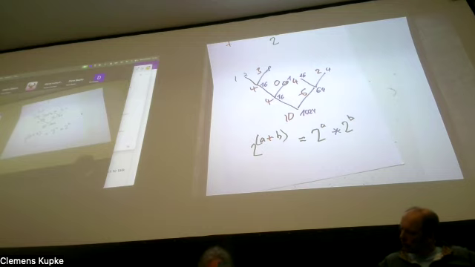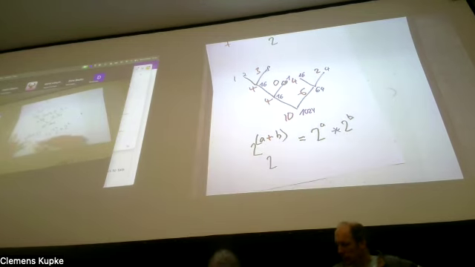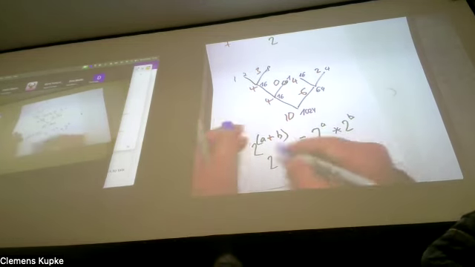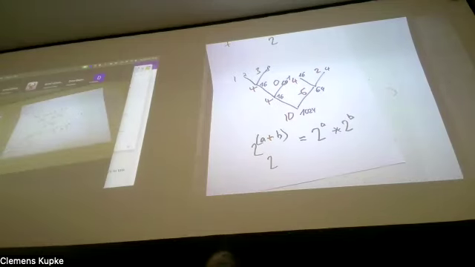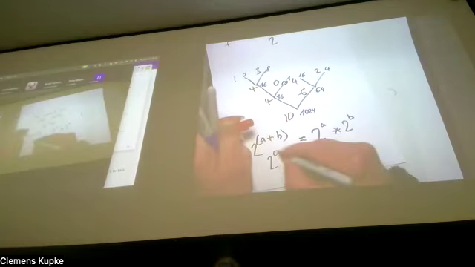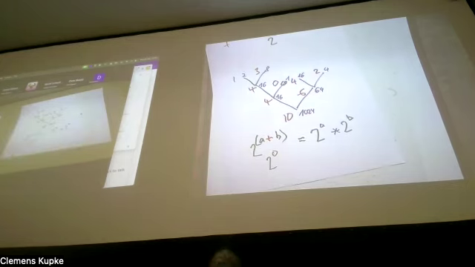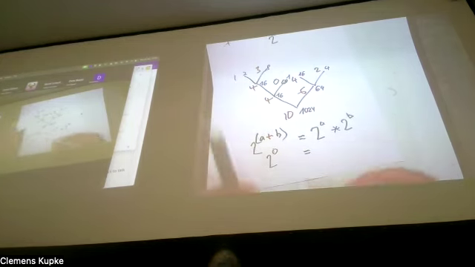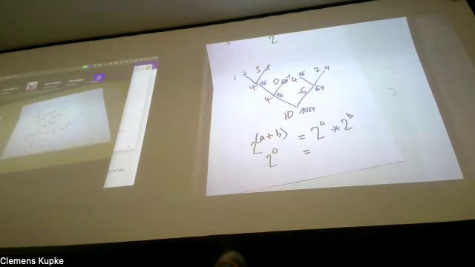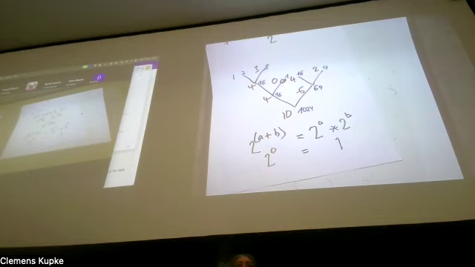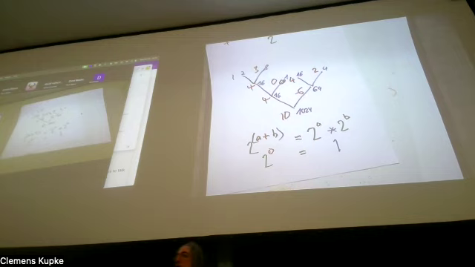And of course, we also had that 2 to the 0 equals 1. Now, these are, of course, laws you learned about exponentiation at school.